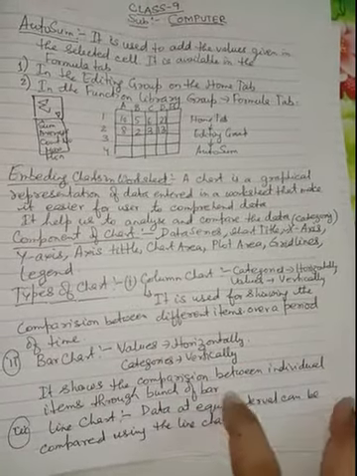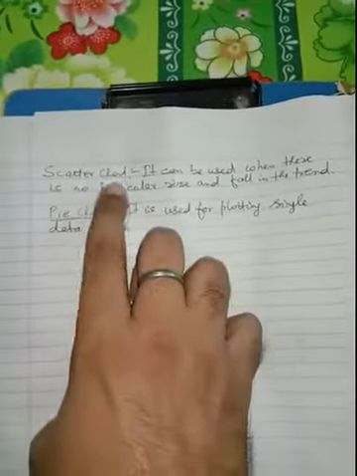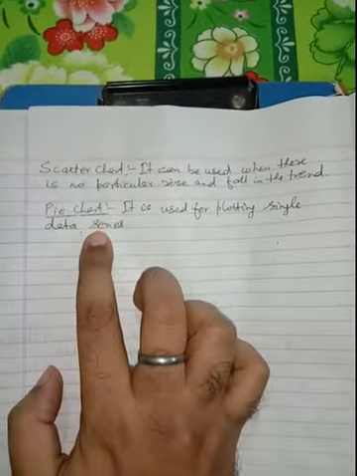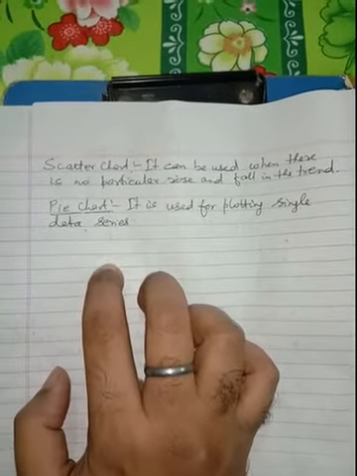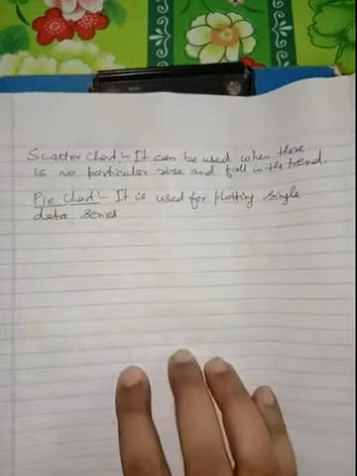Next we discussed the line chart, then the scatter chart and pie chart. These were some of the topics we discussed in this video. The remaining topics will be discussed in the next videos.